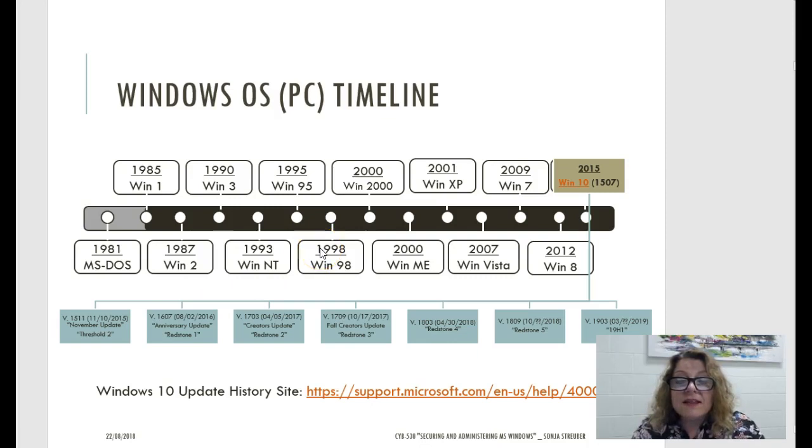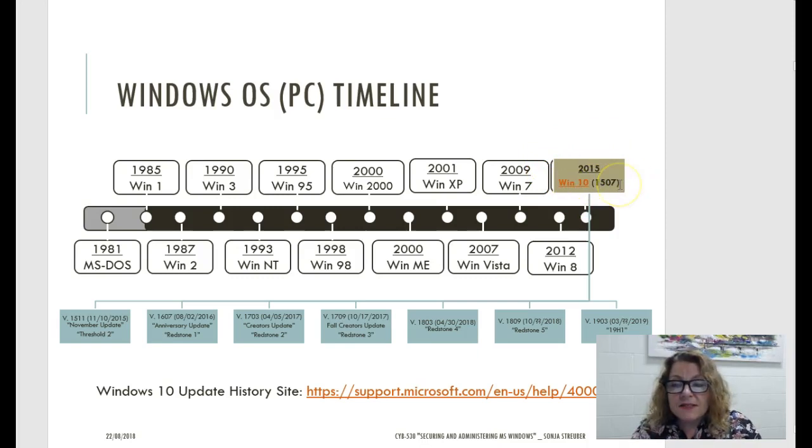So if we look at the timeline of the Windows OS on PCs, we're seeing that in 1981, this is when MS-DOS came out. That's the very start of personal computing. Of course, we all know that in 1984 Macintosh OS became very popular, and in 2015 Windows 10 was released.